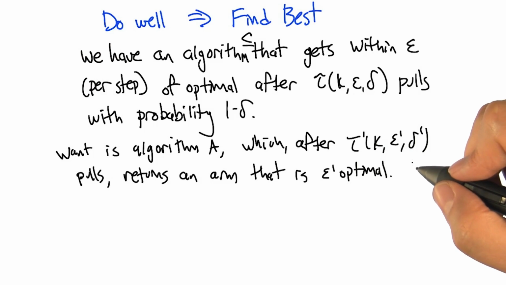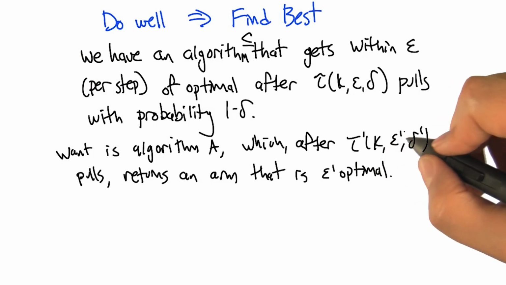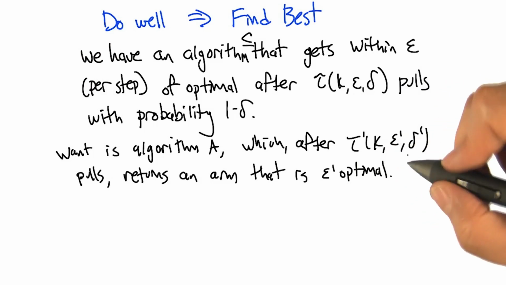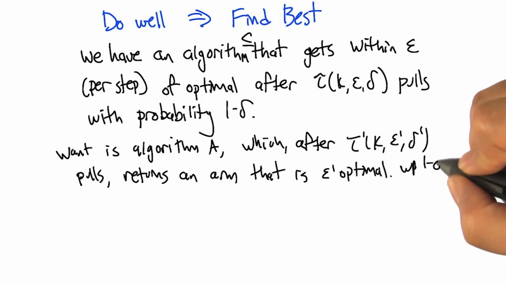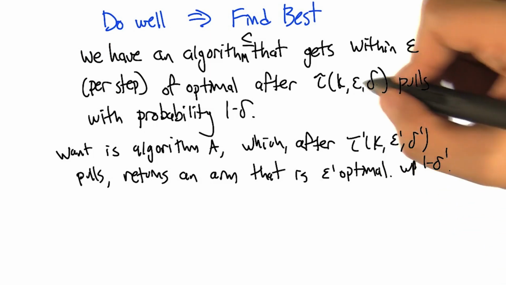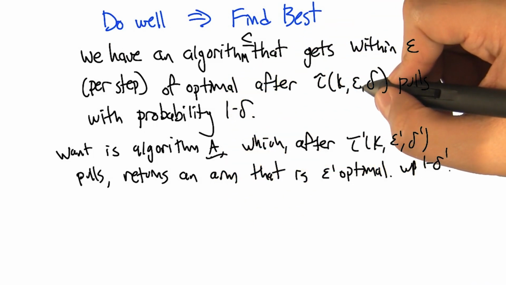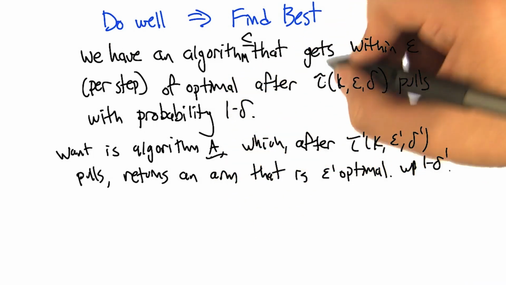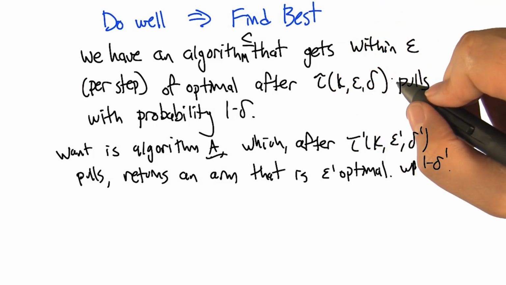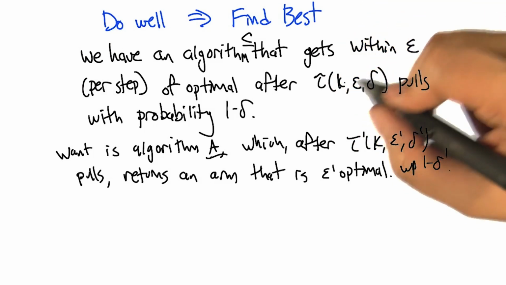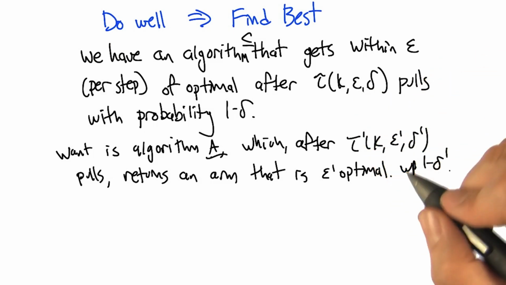So someone has to tell us k, the number of arms, epsilon prime and delta prime. Oh, and this holds with probability 1 minus delta prime. Then what we get to do is set up this other algorithm C however we want, and run it for how long it runs. And at the end of that, somehow use the information that was gathered to pick an arm that is nearly the best.